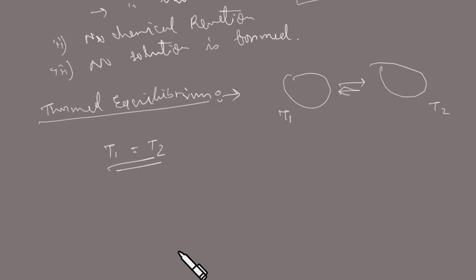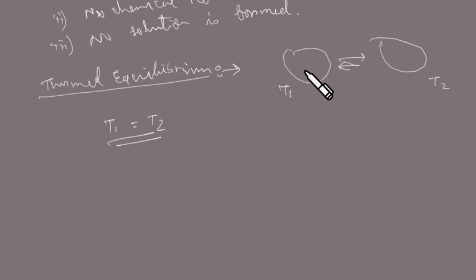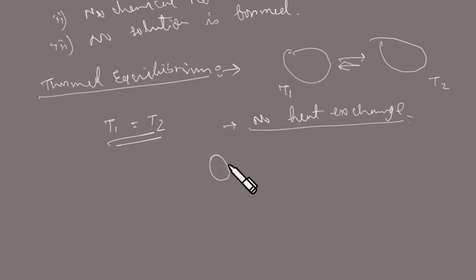Why is it like that? Generally, two bodies are said to be in thermal equilibrium when there is no heat transfer, no heat exchange between them, and that happens only when the bodies are at the same temperature. Because when the bodies are at different temperatures, that means one body is cooler and the other is hotter. Then if we bring them in contact with each other, of course the cooler body takes heat from the hotter body.